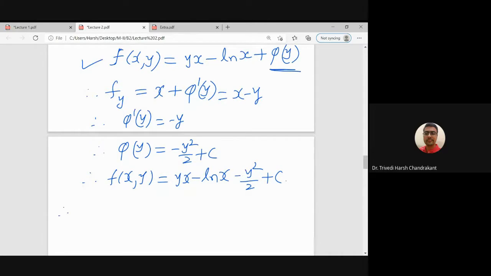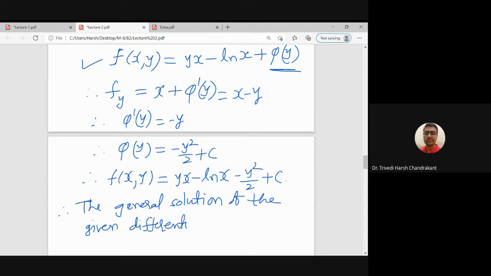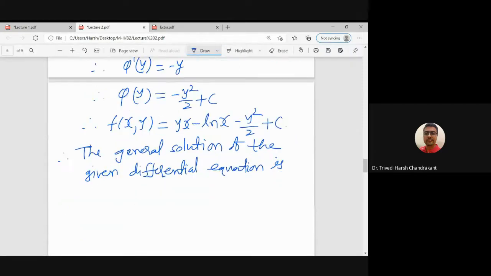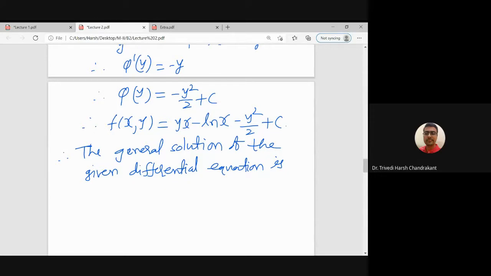And therefore, the general solution of the given differential equation is fxy equals constant. So that will give us another constant.